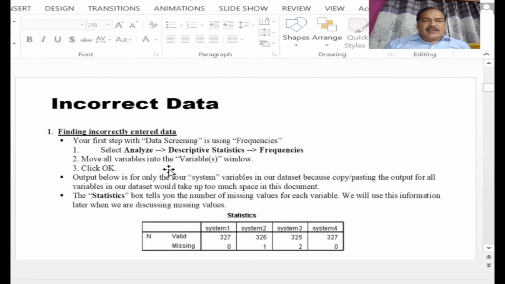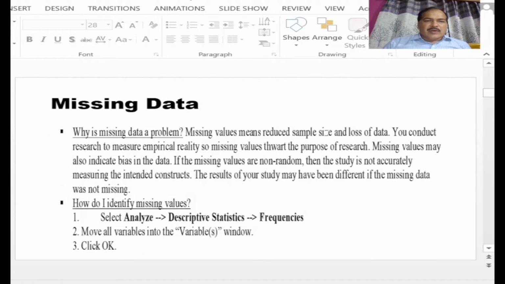Here we have an example of how we can identify the incorrectly entered value. An incorrectly entered value means any value which is not the real response from the respondent, and because of that we are interested in knowing the original value given by the respondent. With the help of the frequency analysis, we can identify the incorrectly entered value in the box.